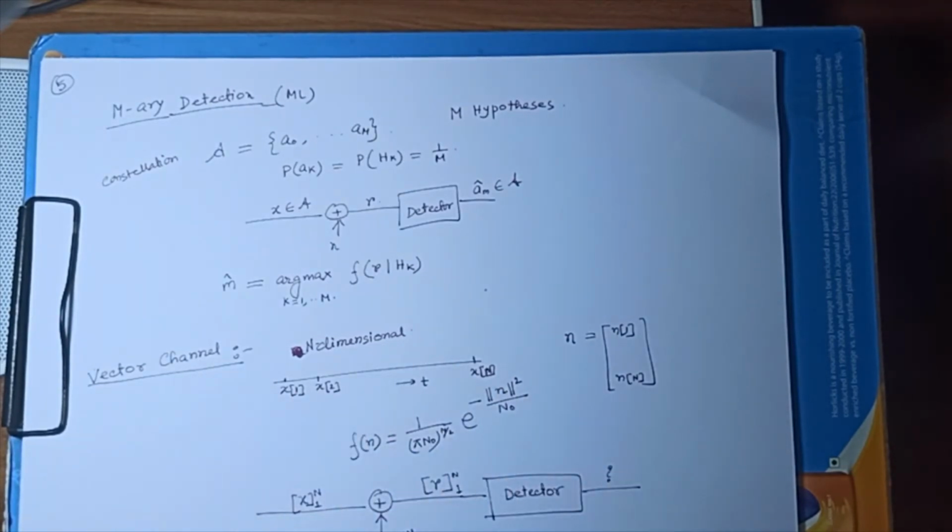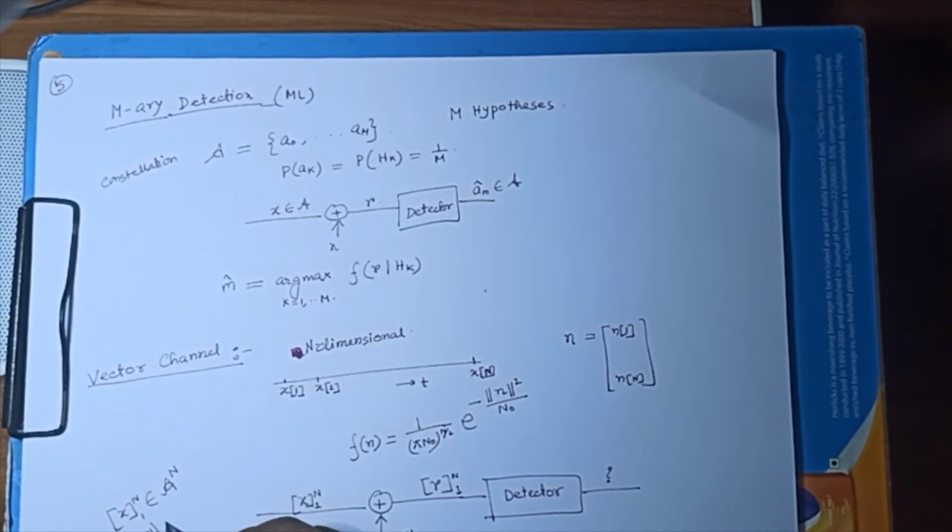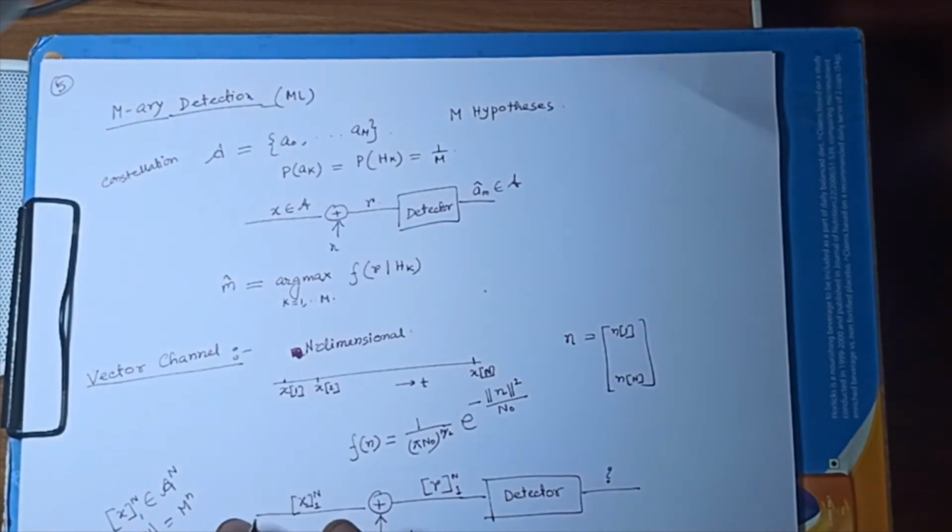Every element can be one of the M possible symbols. So if this vector belongs to this set, the cardinality is basically M to the power N. So one of the M to the power N symbol vectors is coming, and you have to choose the index which is one of those.